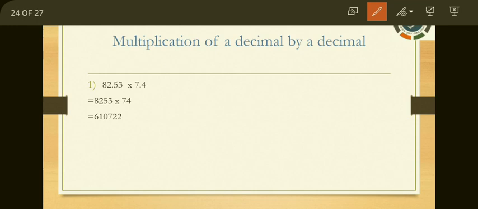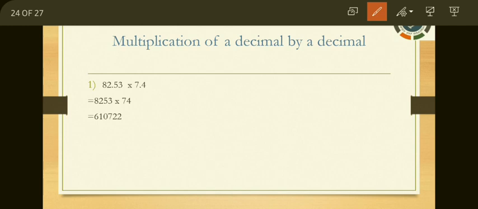The last case, multiplication of a decimal by a decimal. Question number 1, 82.53 multiplied by 7.4. Now we ignore the decimal point. Now multiply these two numbers, 8253 multiplied by 74. After multiplying, we will get the answer 610,722.